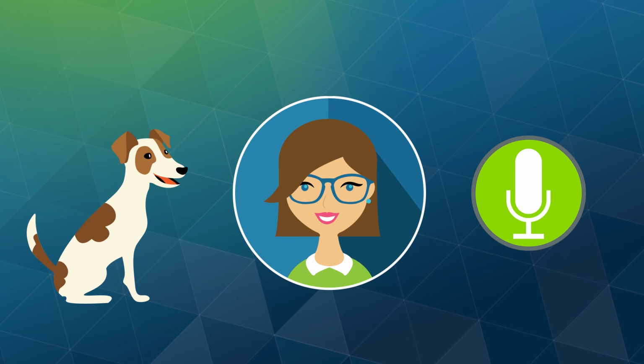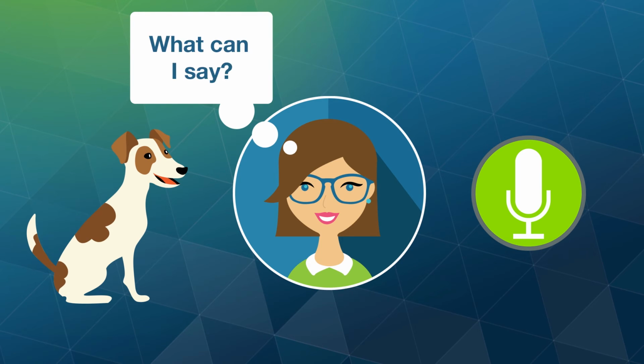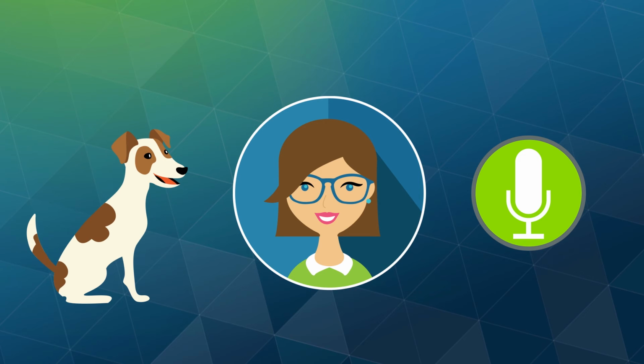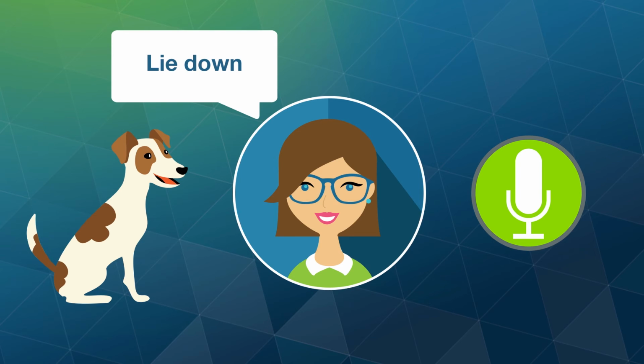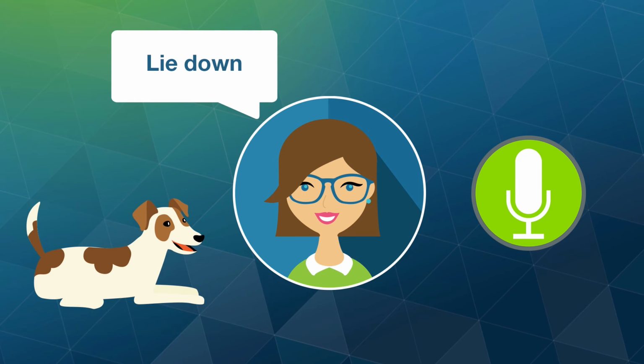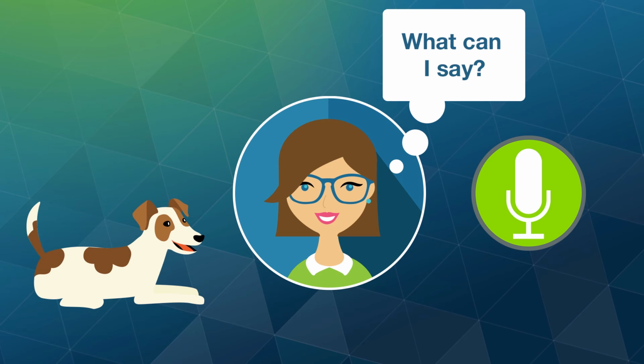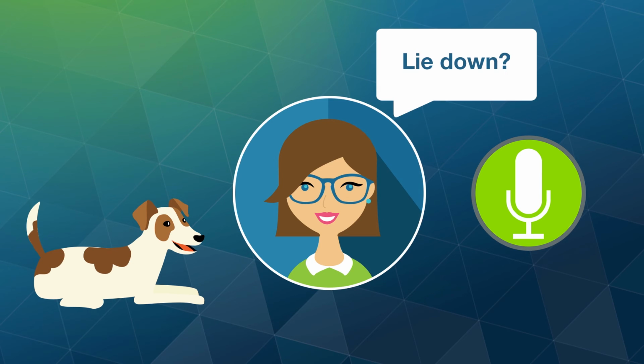Okay, so finally it's time to actually speak. People need to know what they can say. With a puppy, the basic things that people teach puppies and that other people then try to say are, come here, sit, maybe lie down. With a speech application, it's sort of the same thing. You have to think about what it is that you're building and what are the basic things someone will say to it.